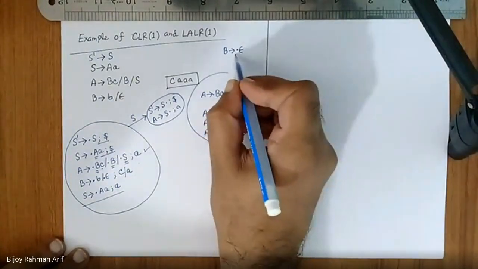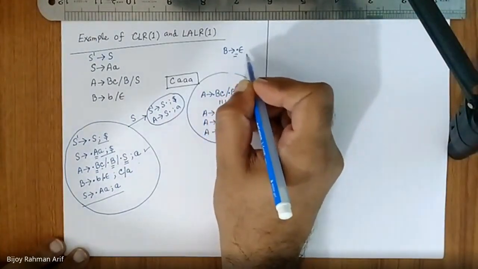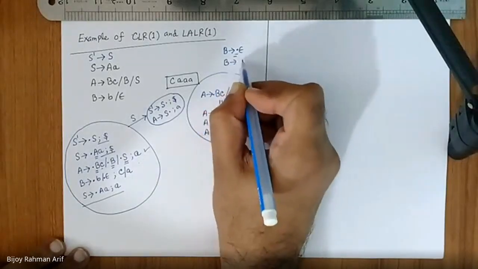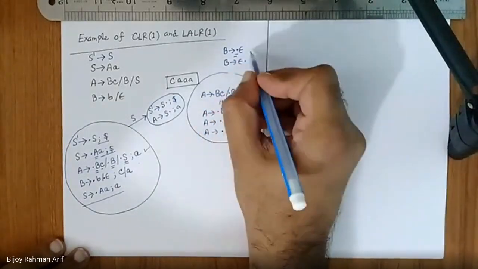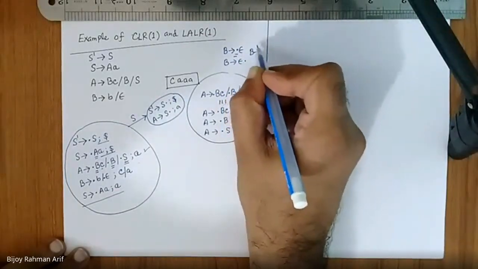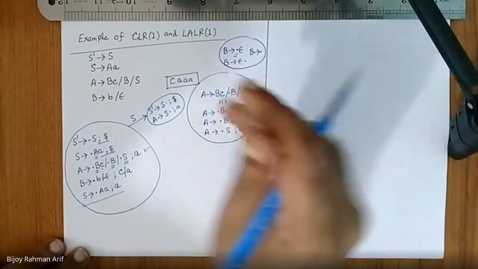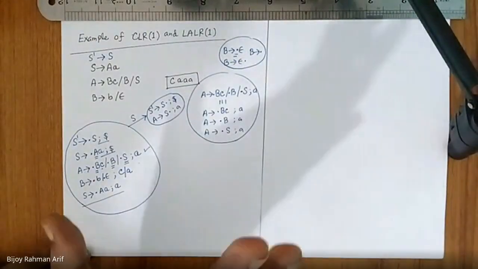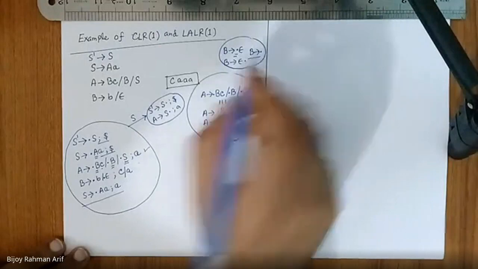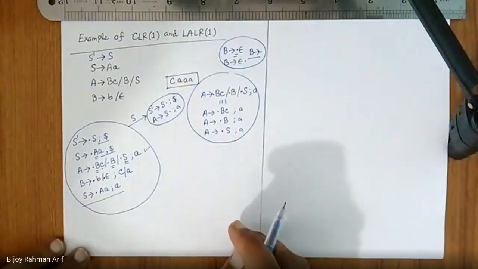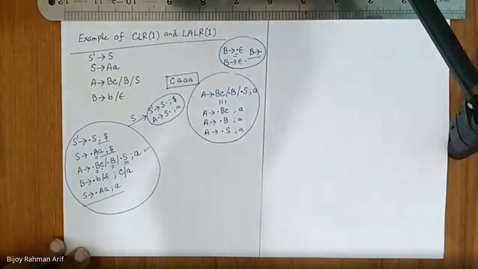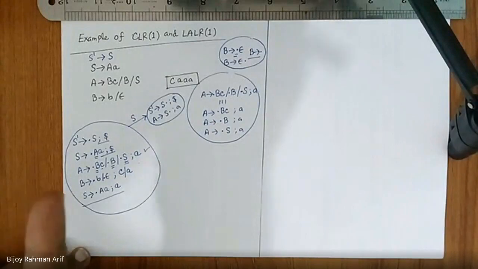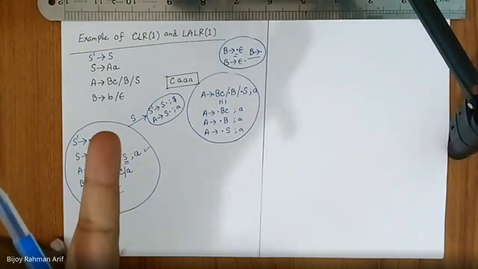Just after the dot there is nothing but epsilon, so it is nothing but B derives epsilon dot, and that is nothing but B derives dot. So these three are the same thing. It means whenever just after the closure operator there is epsilon, it becomes the final production B derives dot.